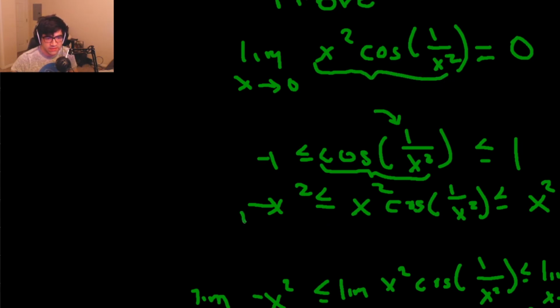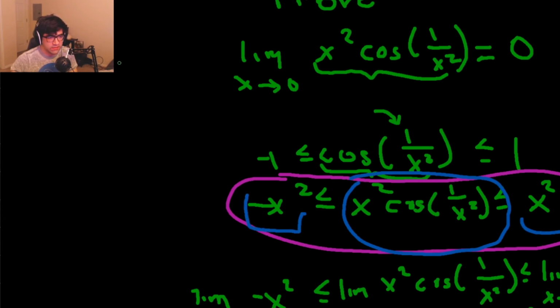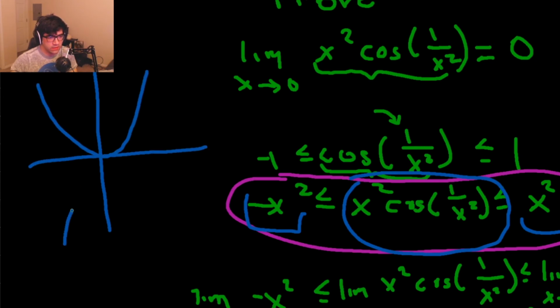And this right here is telling me that the function inside lives in between these two functions, positive x squared and negative x squared.